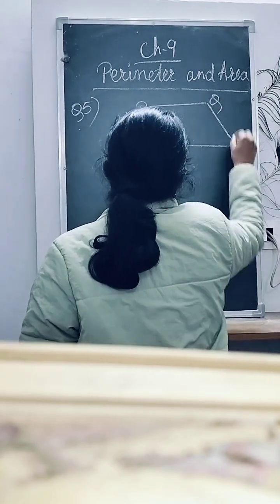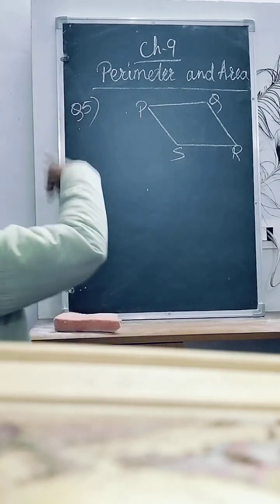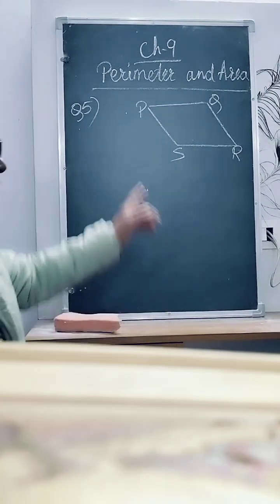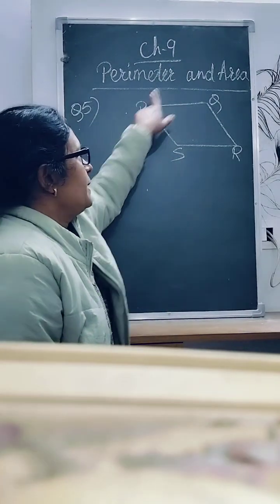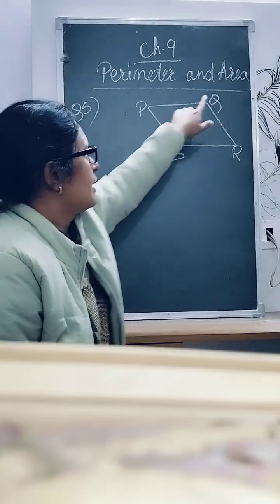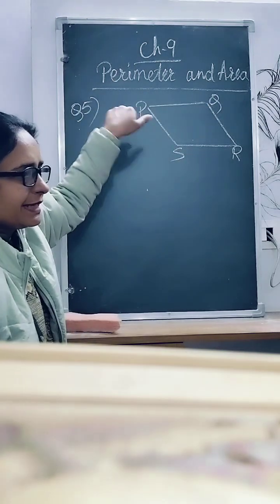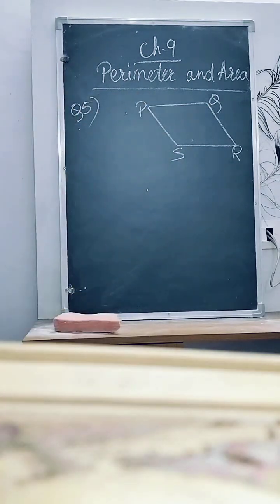For PQRS, either you take the order clockwise or anti-clockwise, but it should be in sequence. Don't take it out of order, this way it is wrong.